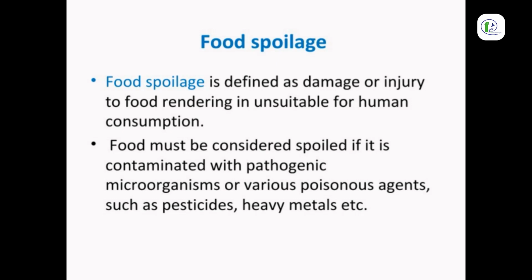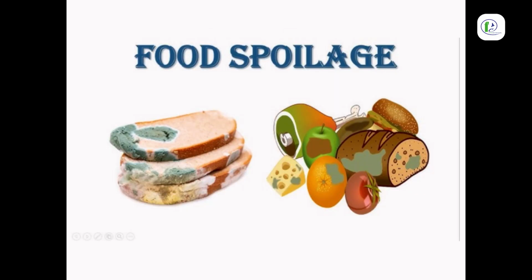Food must be considered spoiled if it is contaminated with pathogenic microorganisms or various poisonous agents such as pesticides, heavy metals, etc. See this slide, food spoilage. If someone consumes such food items, he could suffer from food poisoning, which is a serious food disorder.